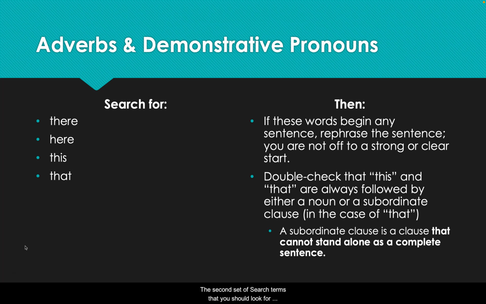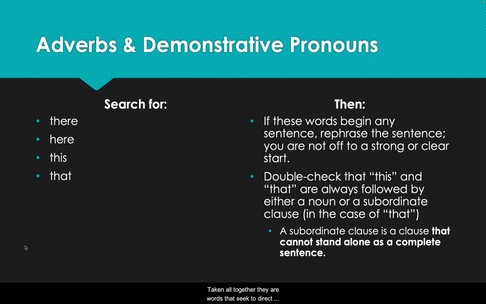The second set of search terms that you should look for as you edit your work include the words there, here, this, and that. These are all words that I like to call pointing words, right? Now, of course, we could talk about them in terms of, oh, well, they are demonstrative pronouns and adverbs.